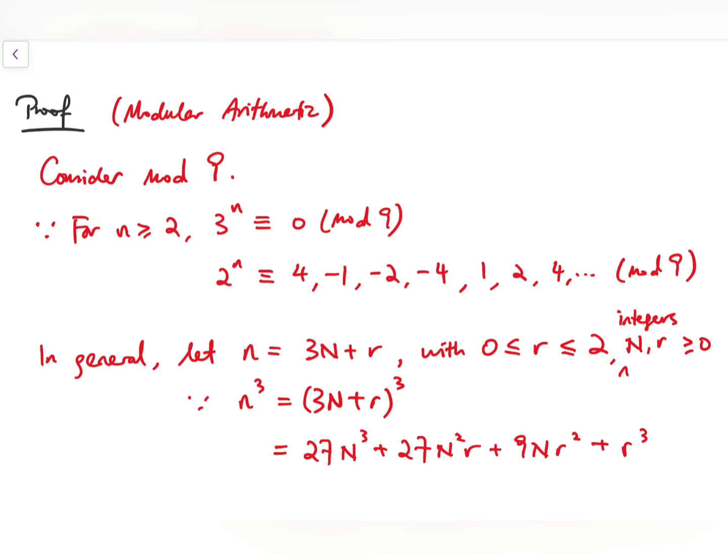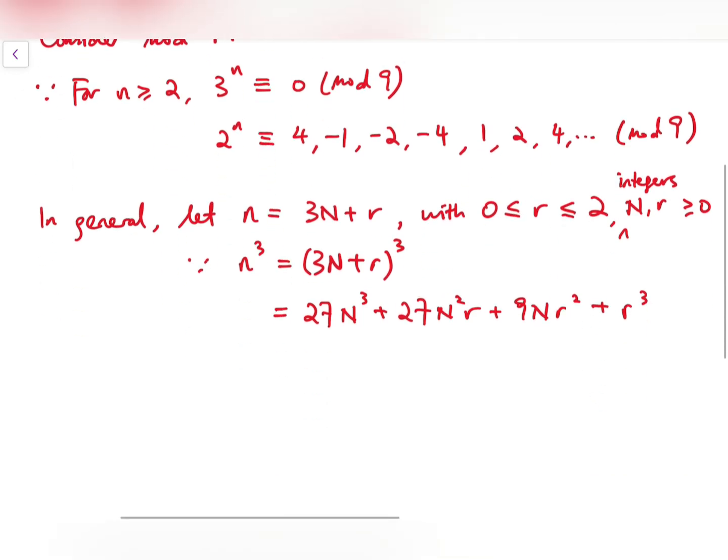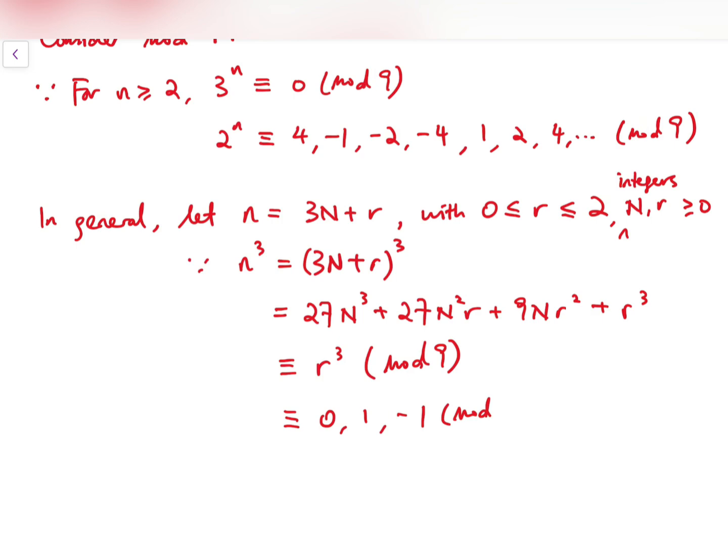And so if we want to find the remainder when n cubed is divided by 9, it's just the same as looking at that when r cubed is divided by 9. But r is just bounded by 0 and 2. So we have only 3 possible values, which are 0, 1, and 8. But 8 is congruent to minus 1 mod 9, so I can replace that by a number that is much closer to 0.